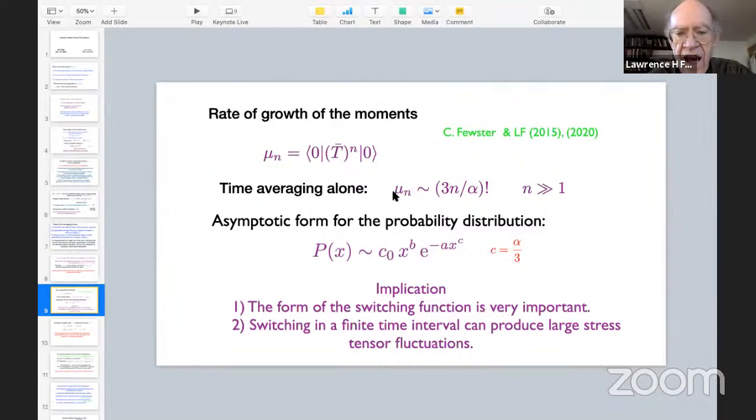So in particular, for time averaging alone, you find that the moments grow relatively rapidly. They grow as (3n/alpha) factorial for large n, which is a very high rate of growth. For the Gaussian distribution, the moments grow only as n factorial. And the asymptotic form of the distribution that has this rate of growth is basically an exponential of minus x to the c, where c is alpha over 3.